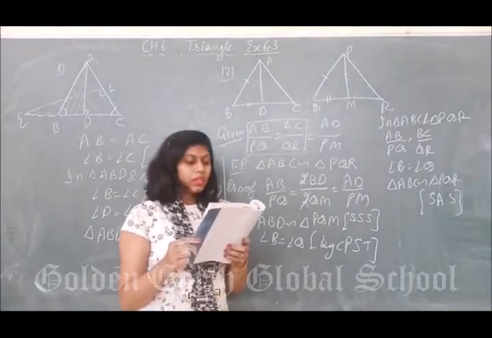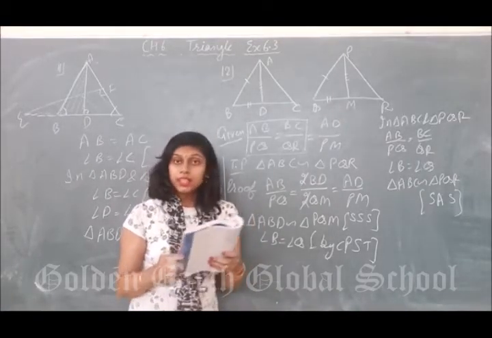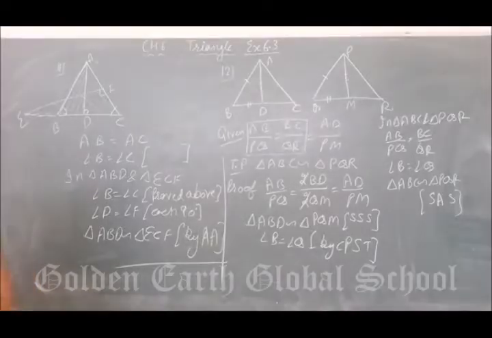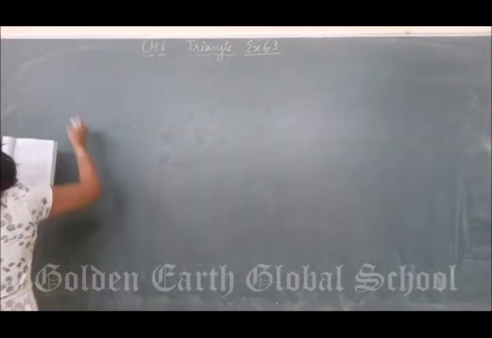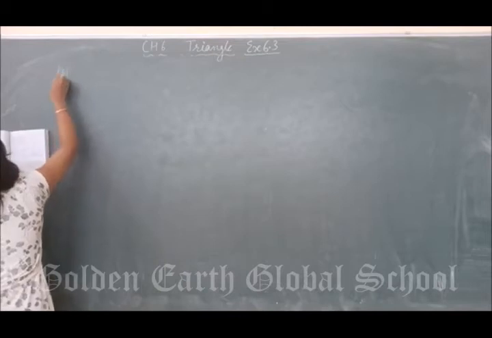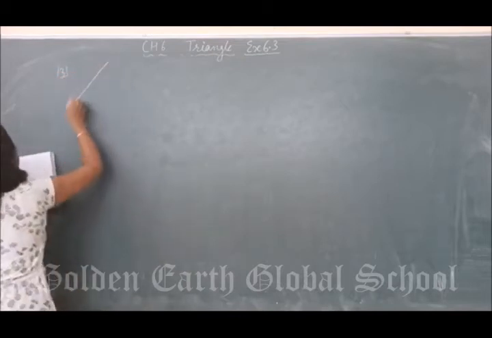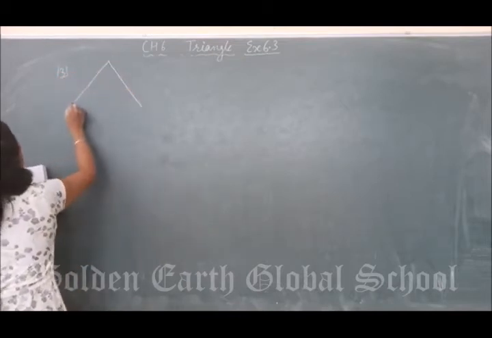Clear? Next, 13th question. Read the statement and try to draw the figure. From the statement, D is a point on side BC of triangle ABC. This is the triangle ABC.